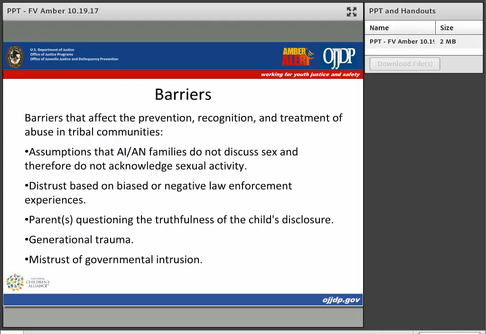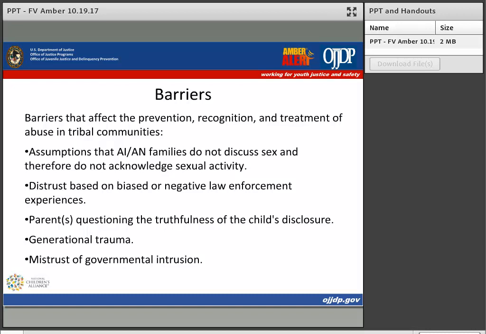Understand that there are some assumptions that people often make that are a barrier to what you're trying to do. There's this distrust that may have been experienced having worked in tribal communities. Many of us have seen relationships that change over time with our local partners and our state partners and federal partners. There are issues with families and others from the community that may not believe or want to believe a child's outcry.